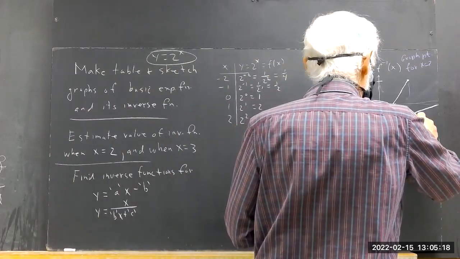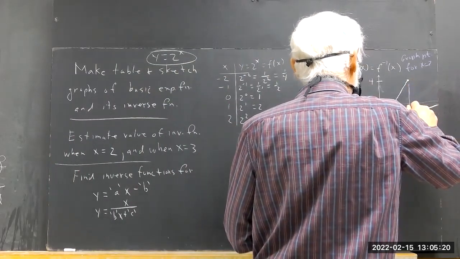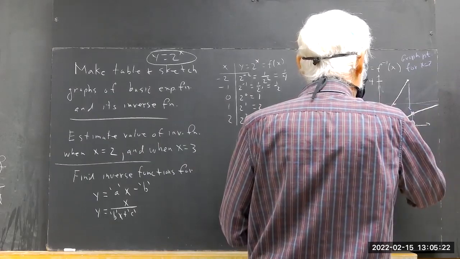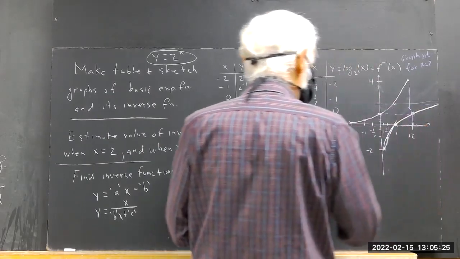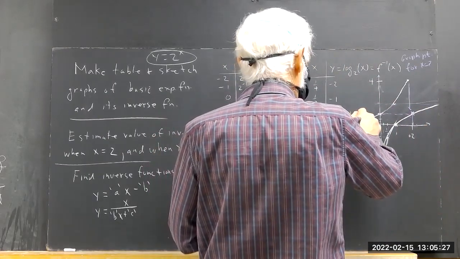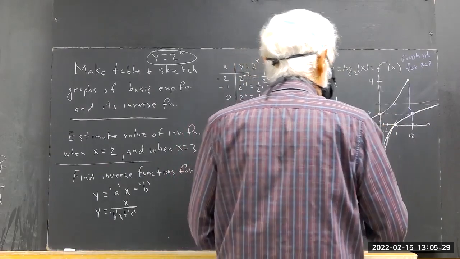So when x equals 2, the graph point for x equals 2 is here, and it comes over to y equals 1.